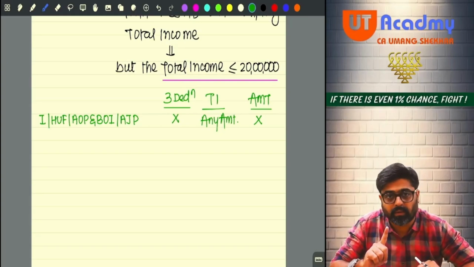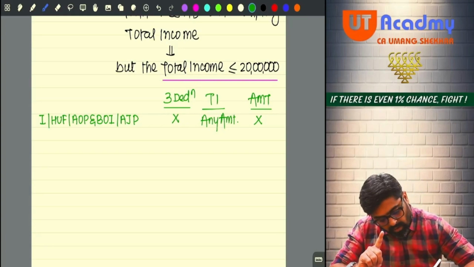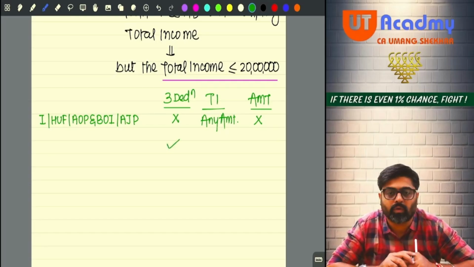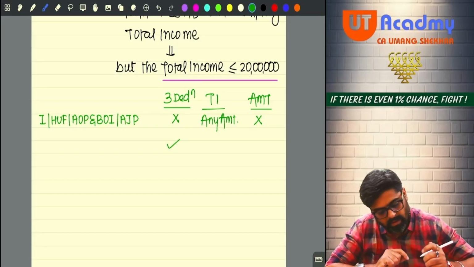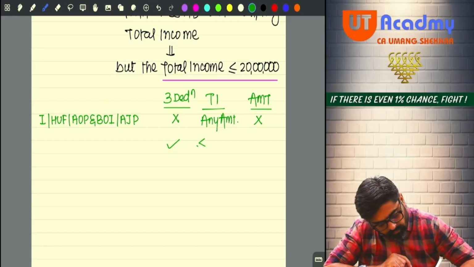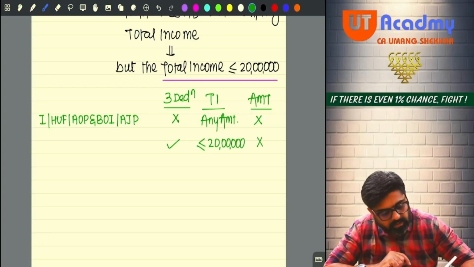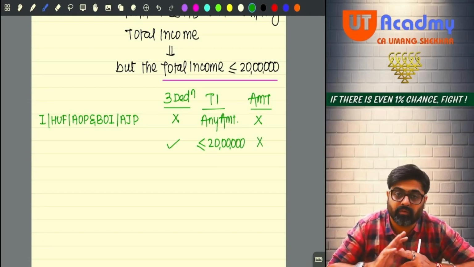But if while calculating your total income you have claimed any of these three deductions and your total income does not exceed 20 lakhs, still the AMT provisions will not be applicable. Getting my point?